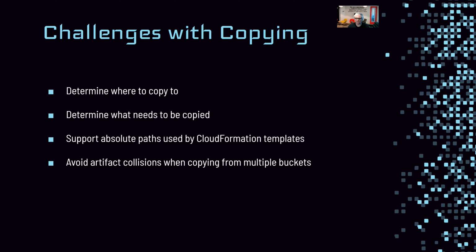The challenge with copy, there's a few. One is, well, which bucket do we copy to? What is it that we need to copy exactly? Do we copy everything from the bucket? How do we organize the contents of the bucket? In particular, if you look at how CloudFormation resources reference assets in S3 buckets, they all split into two. One is the bucket name, and then there's the key for where the asset is in S3.